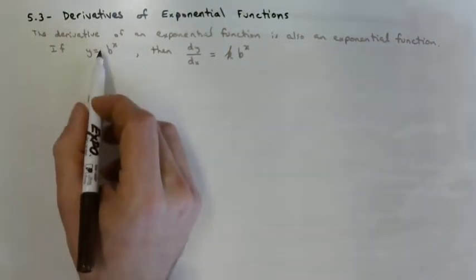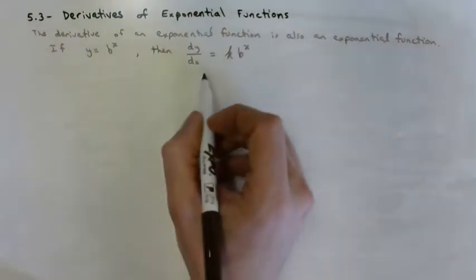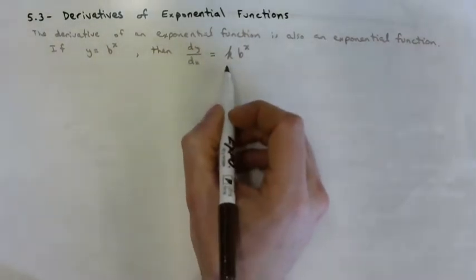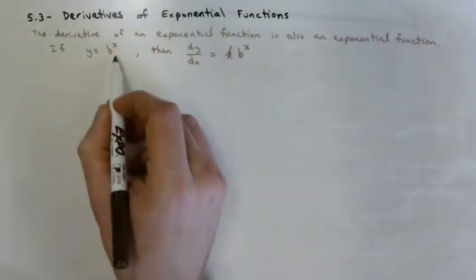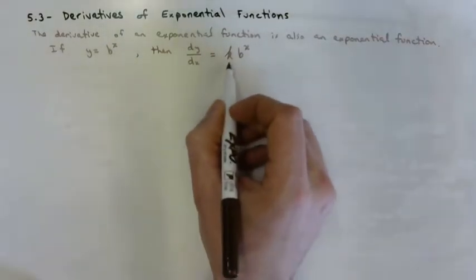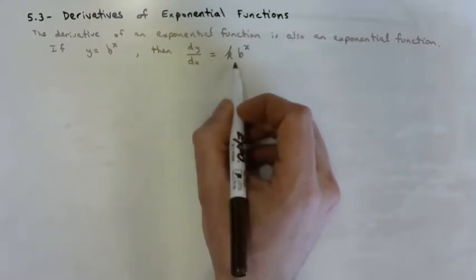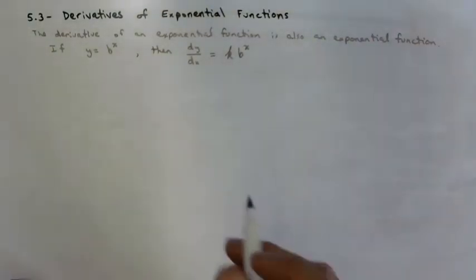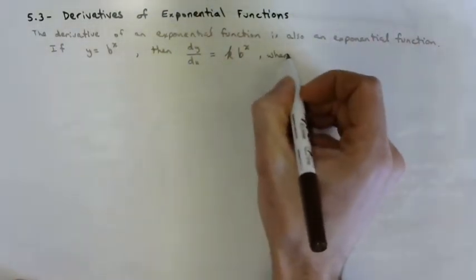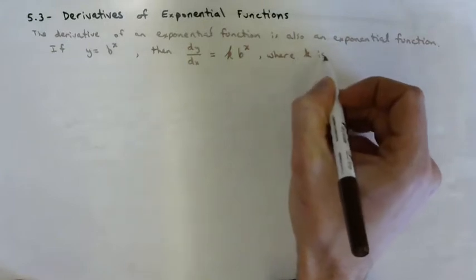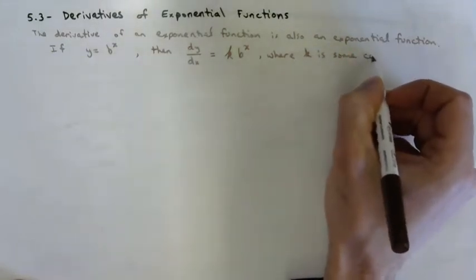So if we are given any exponential function, b to the power of x, the derivative of that function will be b to the power of x, that same function, times k, which can be positive, negative, between 0 and 1, or greater than 1. So it can be a stretch or compression of the original function, where k is some constant.